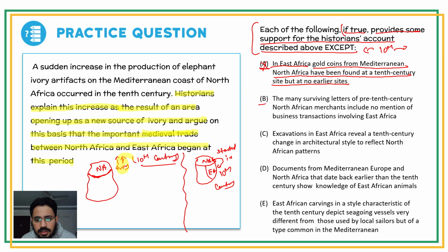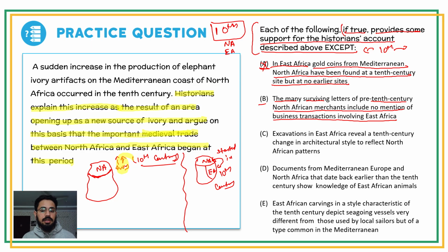B, the many surviving letters of before 10th century North African merchants includes no mention of business transactions involving East Africa. I mean, that also kind of supports the historian's argument, no? Because the historian is saying something important happened in the 10th century, and that is when the trade between North Africa and East Africa started.